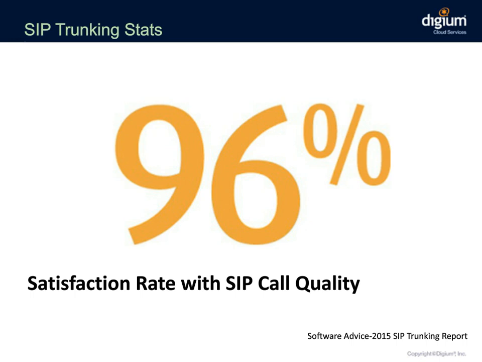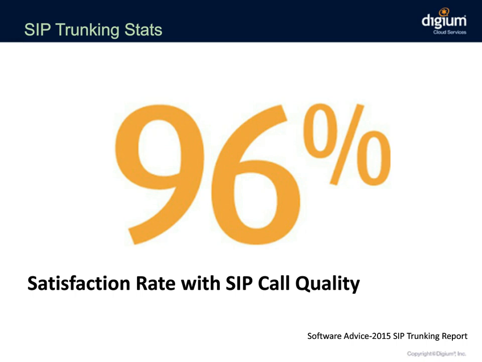Well, as you can see with this statistic, that fear is basically completely gone. Assuming that you have some of the infrastructure in place to support SIP trunking, and we'll talk about what that infrastructure looks like later on in today's presentation, you should have zero problem with call quality and connectivity with SIP trunking.